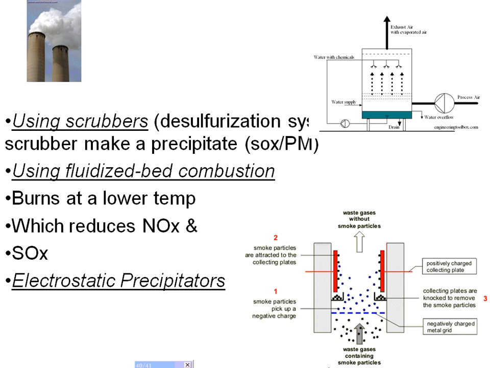Those particles are going to move upward. They're going to adhere or stick to positively charged collecting plates. And then we have a little collecting area right here where we can capture those particulate matter particles and then dispose of them. Depending on what's in them, they may go to a hazardous landfill.